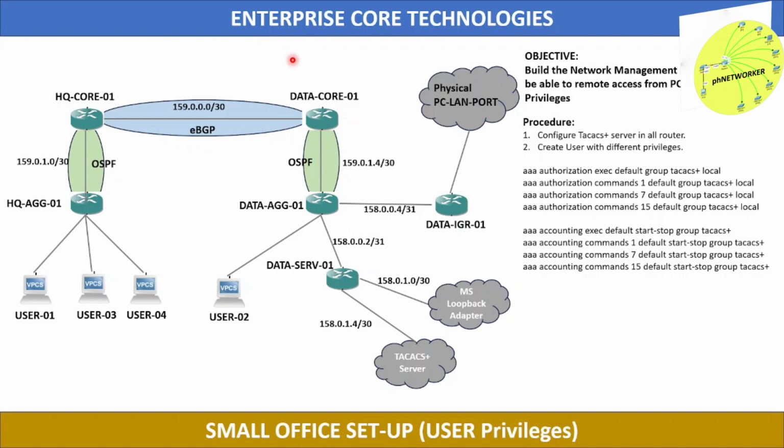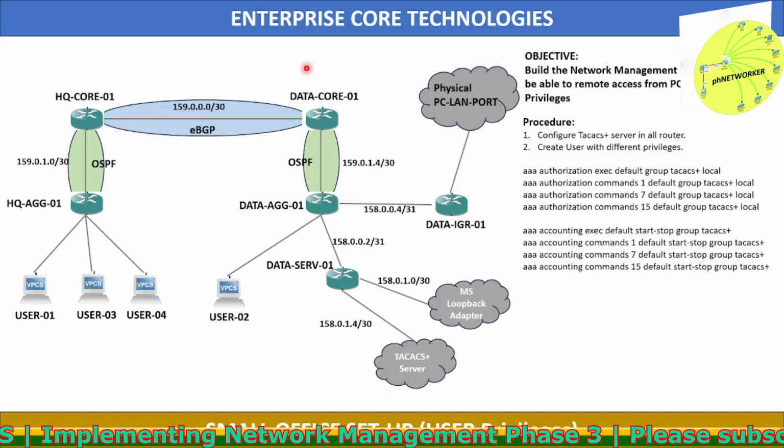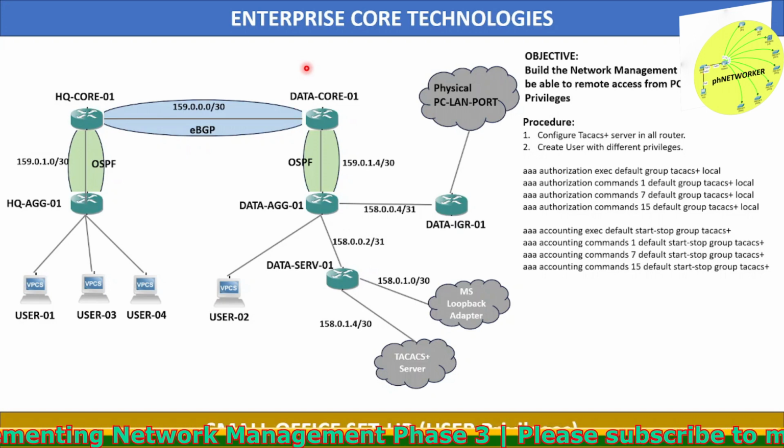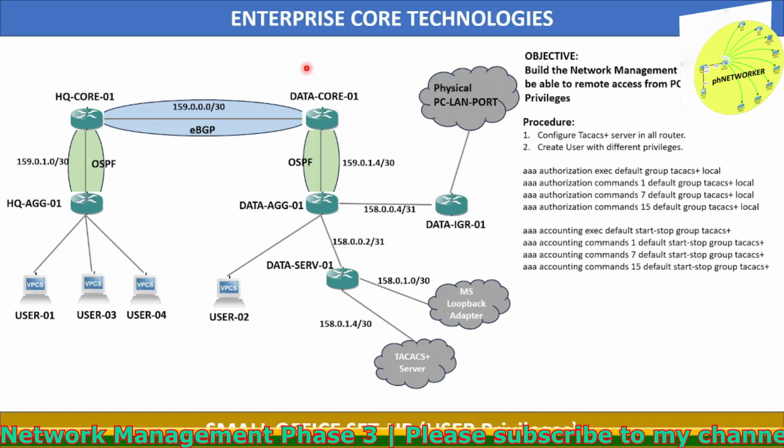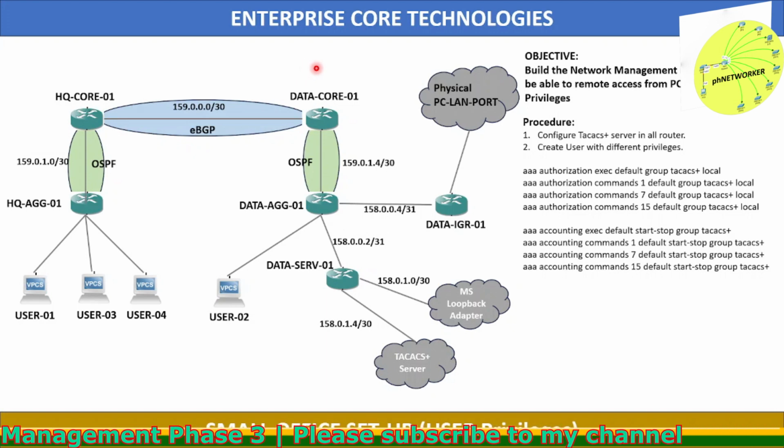In this video, it's now the last part of building the network management infrastructure and being able to remote access from a PC. Now we will define the user privileges. Privilege 1 will only have access on the enable, so you can only do some show commands.